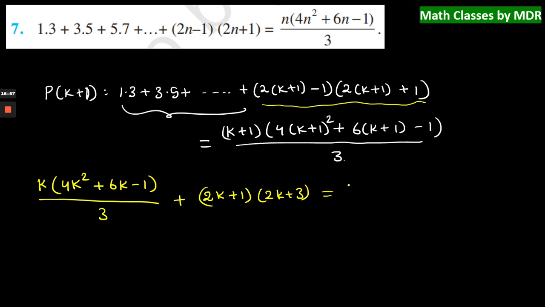Now let us simplify this right hand side. k plus 1 into 4 into k plus 1 whole square plus 6 into k plus 1 minus 1. So can I keep it as it is? Let us keep it 4 into k plus 1 whole square plus 6 into 6k plus 6 minus 1, so that is nothing but 5.